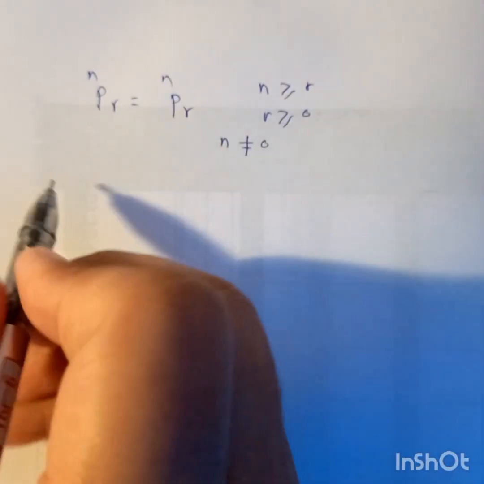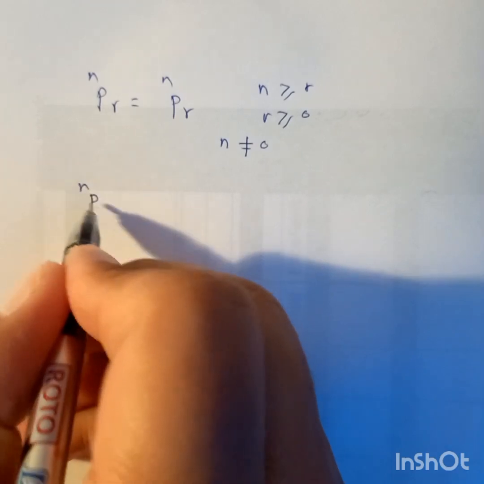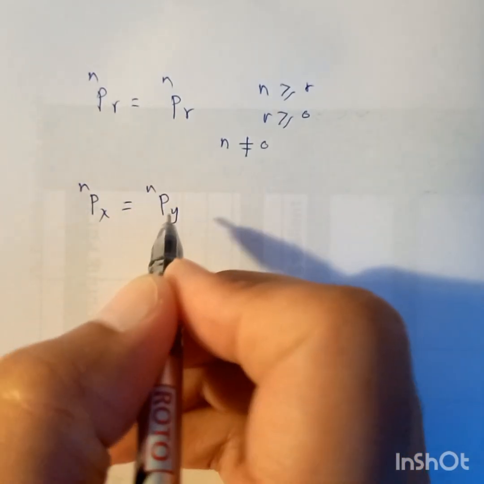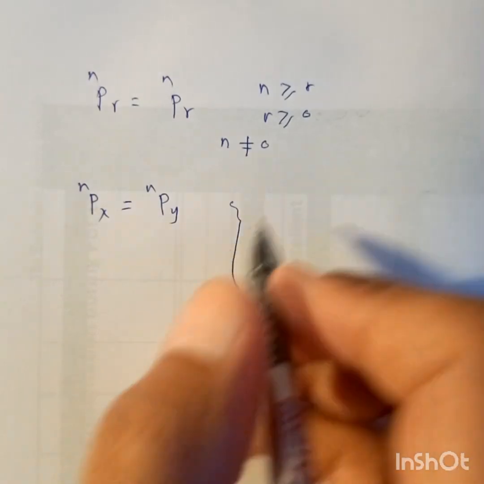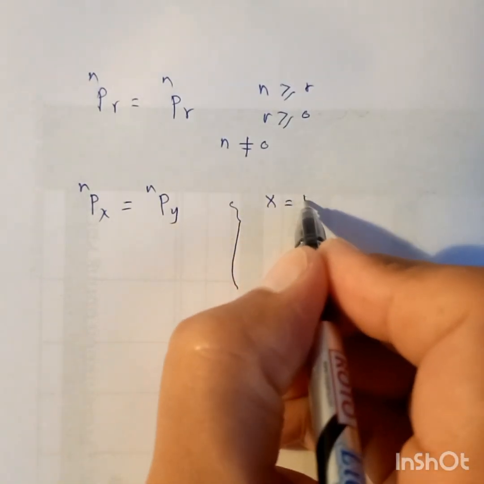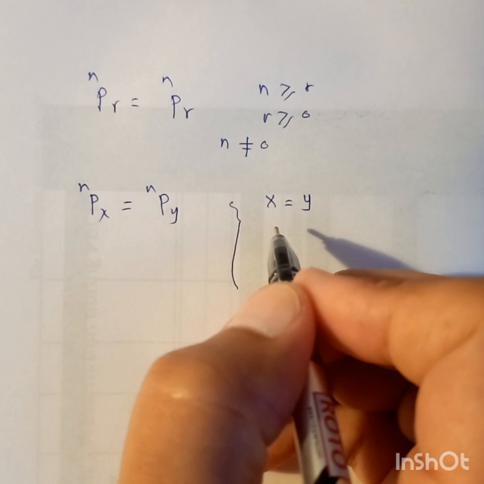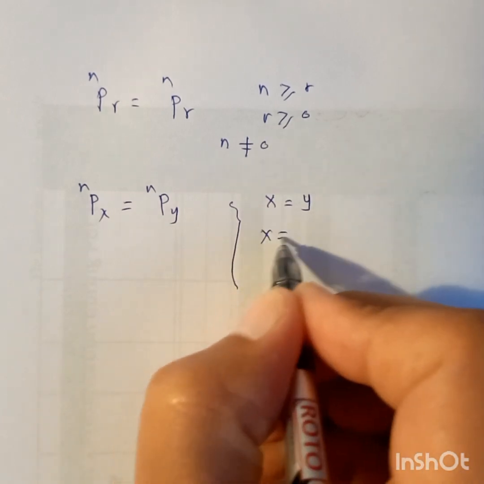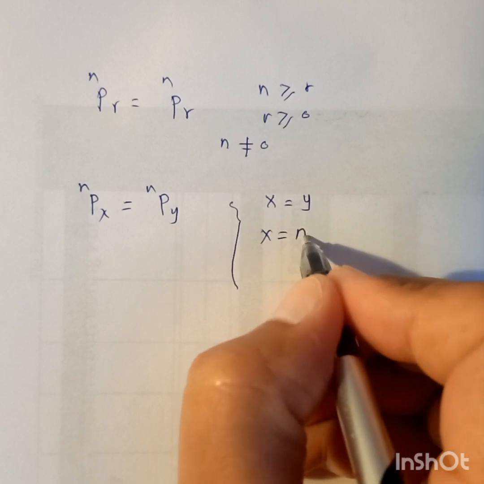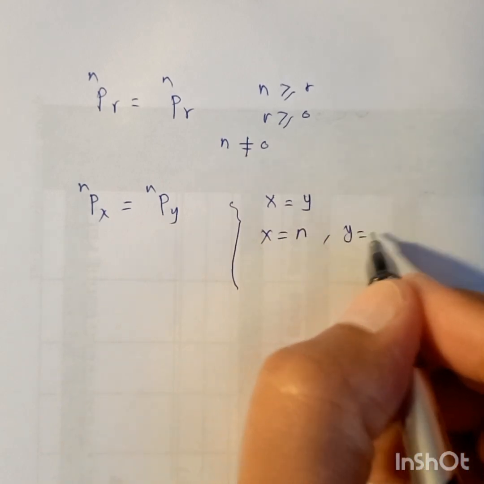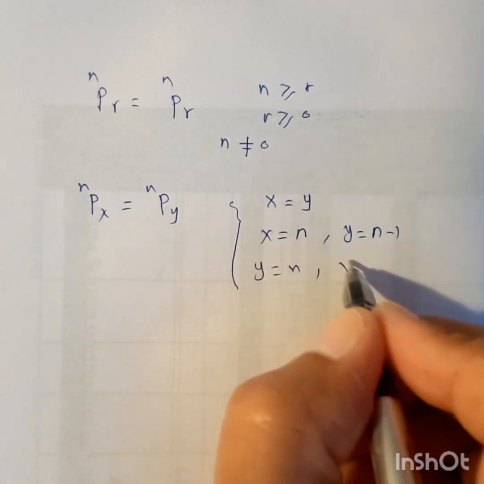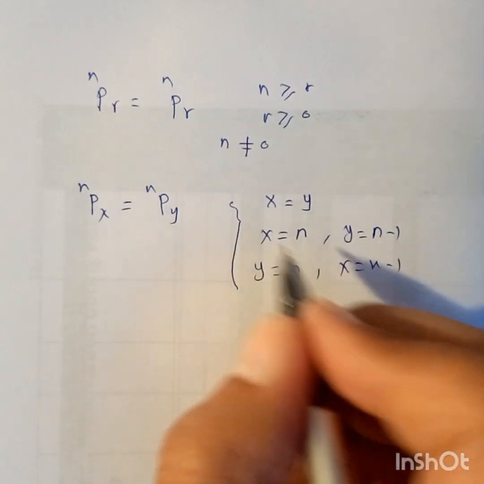Again, if we have nPx, for example, equals nPy, then we have three options here. X may equal y, or x may equal n, and in this case y equals n minus 1, or y equals n and x equals n minus 1, this third option.